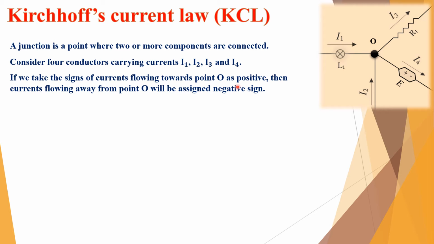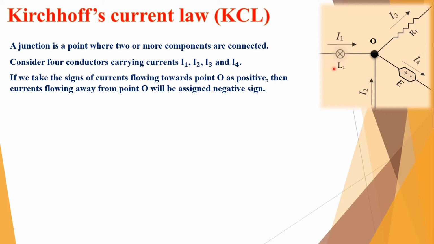In this figure, current I1 and current I2 are flowing towards point O, so they are taken as positive. And current I3 and I4 are leaving or flowing away from point O, so they are taken as negative. It's our own choice. We can take I1 and I2 as negative and I3 and I4 as positive.